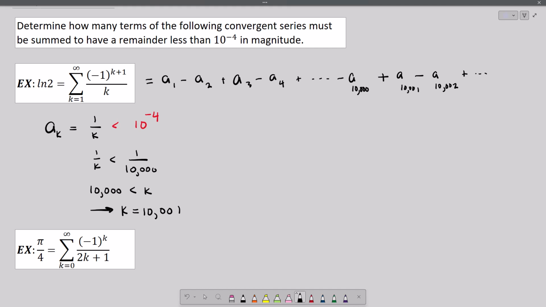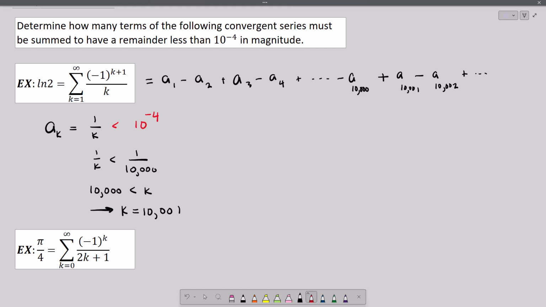So when we plug in 1 or any odd number, we'll have a plus in front of that term. We plug in a 1, we get 2 up there, so that's positive. Now this tells us that the first a that has a magnitude less than 10 to the negative 4 is when k is 10,001. That's an odd number, so it's also going to have a plus in front of it.